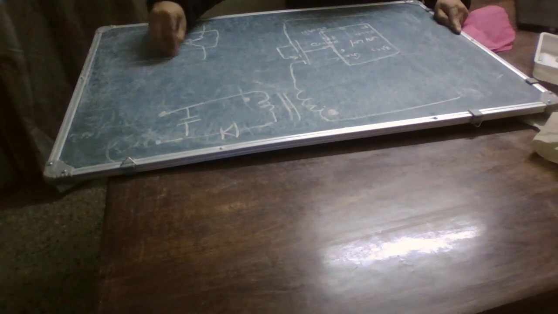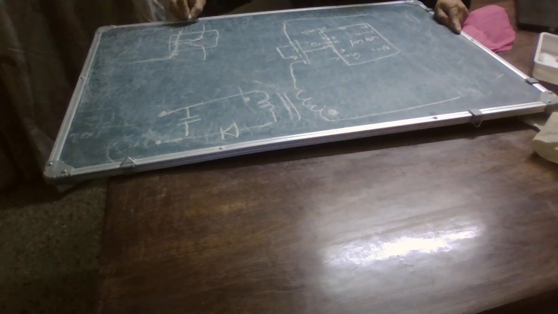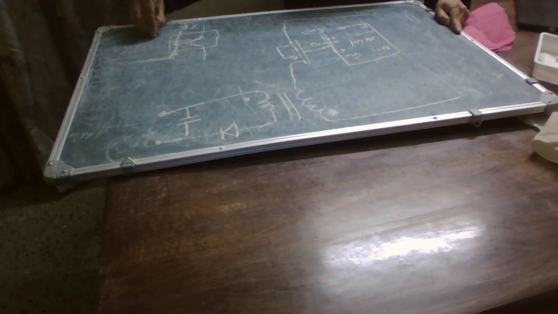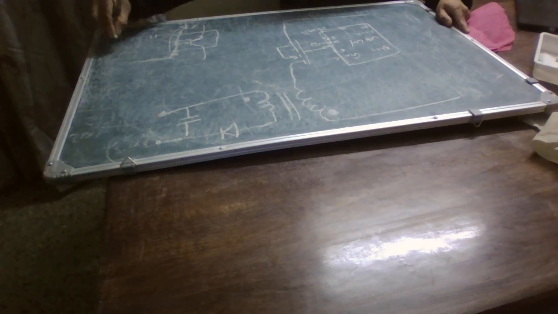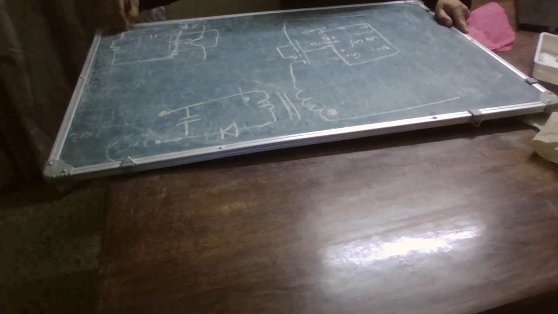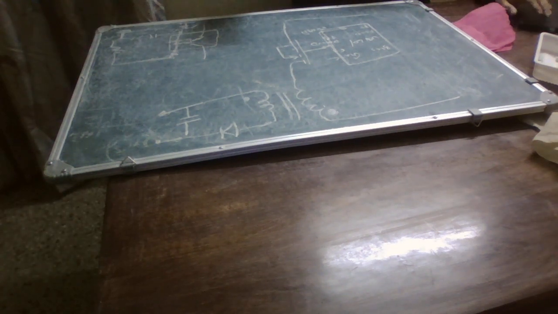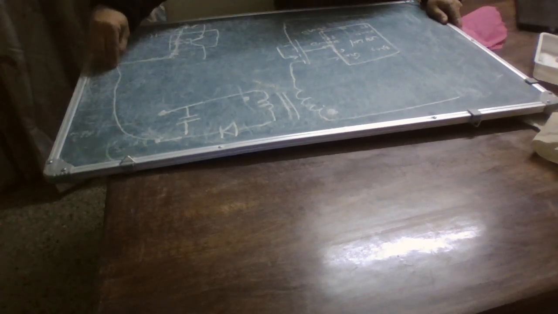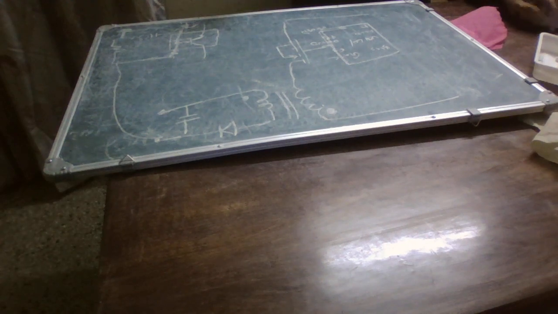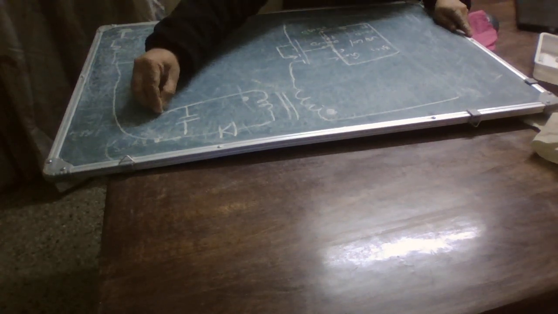This would be a resistor here, and definitely we have a capacitor here, a resistor here, and again a resistor here. This is a ground here, and the line is connected here.